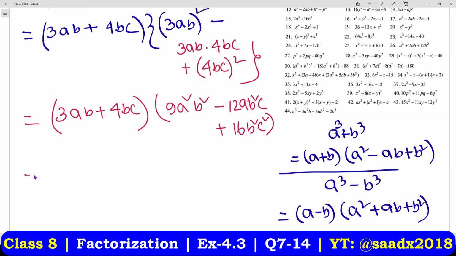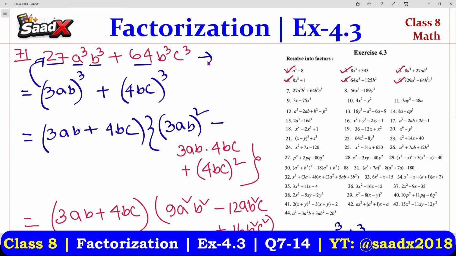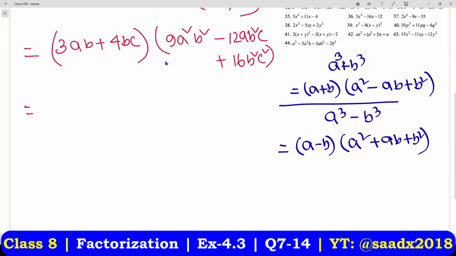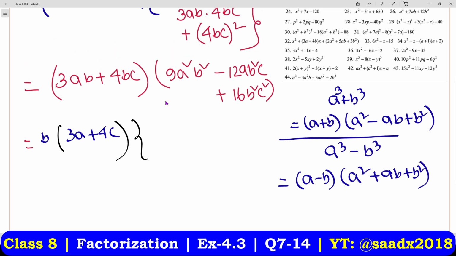So we have to do one work from starting, like from here we can take common b³, right? So in this case, now we can take common this one is a b. So here is a (3a + 4c), right? We can take common from here b. And same thing, we can take common in here b².